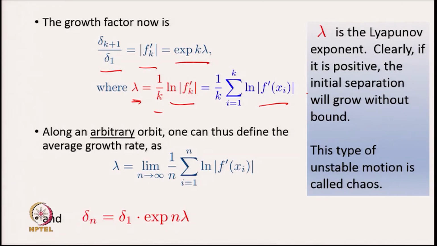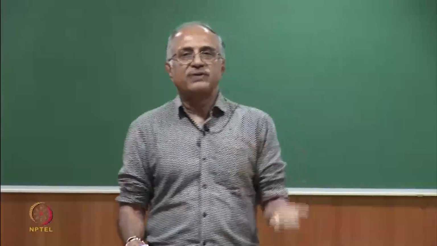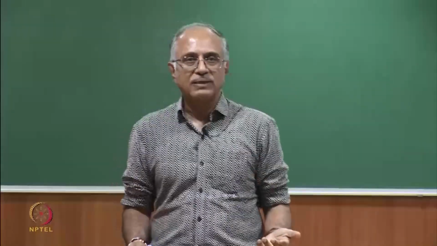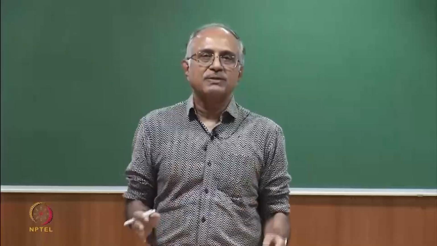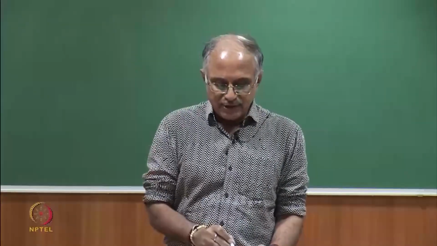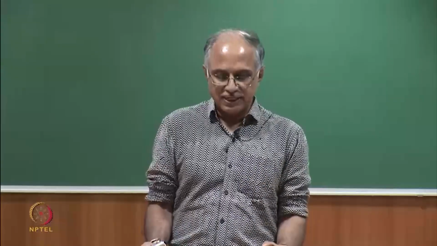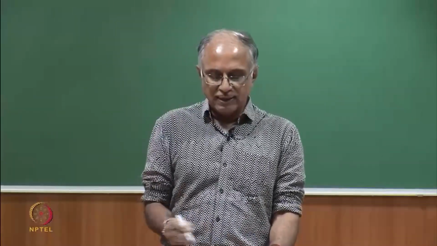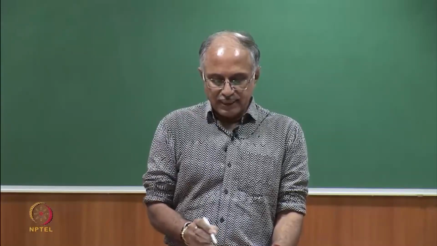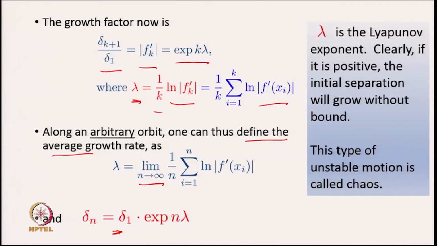Now that I know how to characterize the stability of a fixed point or of a periodic orbit, I can extend this idea to any arbitrary orbit and define the average growth rate of perturbations in exactly the analogous way, except now I write lambda as the limit of n going to infinity of 1 by n times the sum of the logarithms of the slope along this orbit, exactly like this particular statement, except that I have exchanged k for n and I allow n to go to infinity.